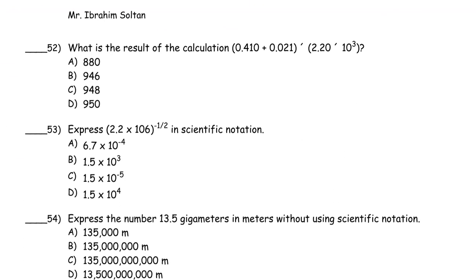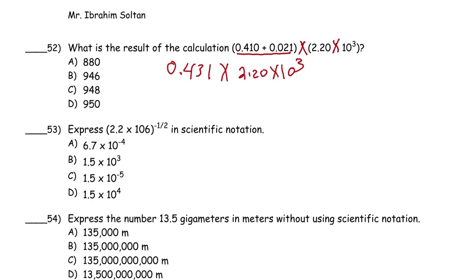About 52, what is the result of the calculation? Let's make the calculation here. For this, here is times and times. For the first part, 0 plus 1 is 1, 1 plus 2 is 3, 3 plus 0, 3 point 0, times 2.20 times 10 power 3. Hold on, how many significant figures for the product, for multiplication and division?